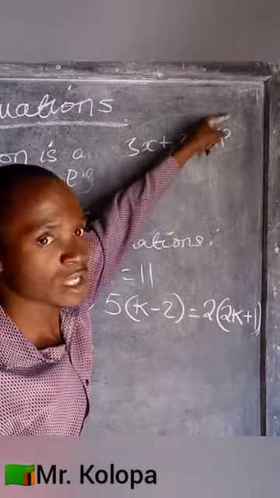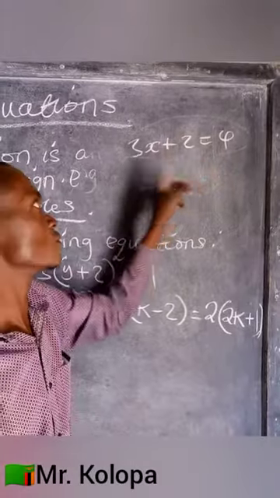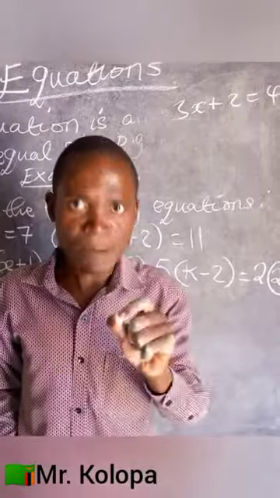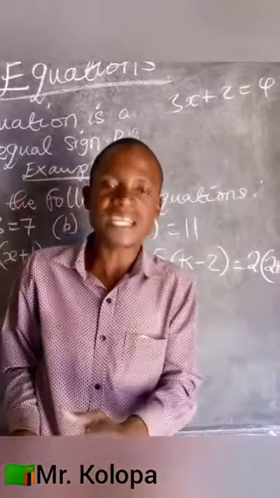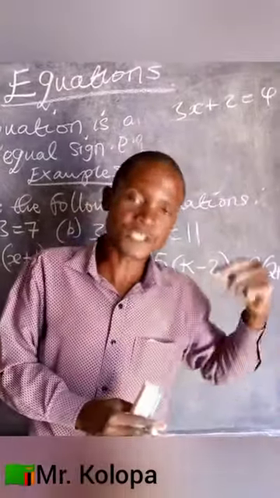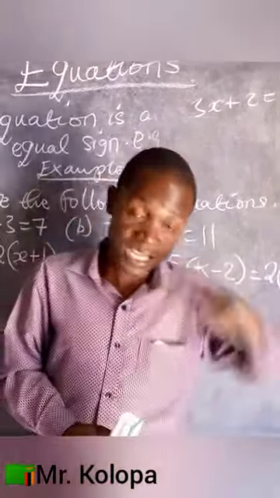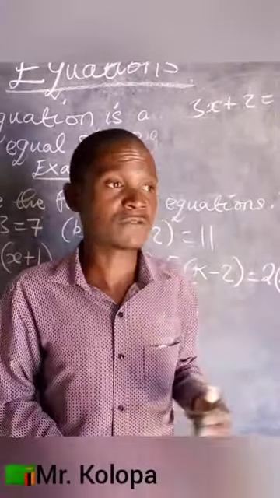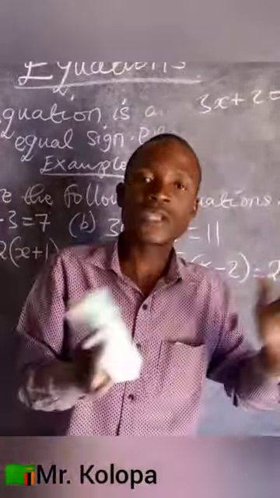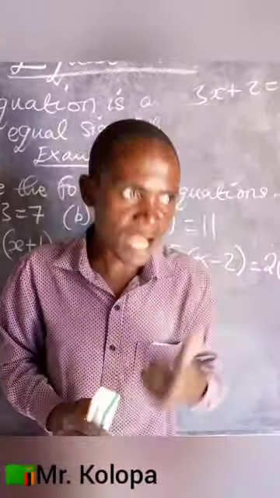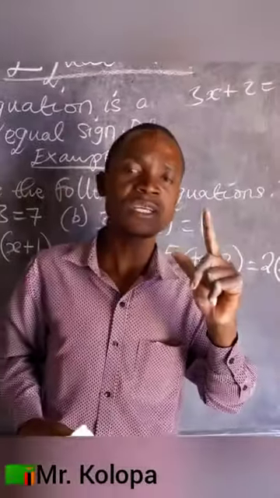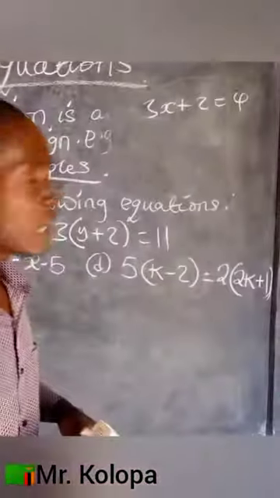If it goes to the other side of the equals, it is supposed to change the sign. That is a law: if a number or term moves from the right hand side to the left hand side of the equation, or from left to right, it is supposed to change sign. If it's positive, it becomes negative. If it's negative, it becomes positive. That is a concept you should take under this equation.